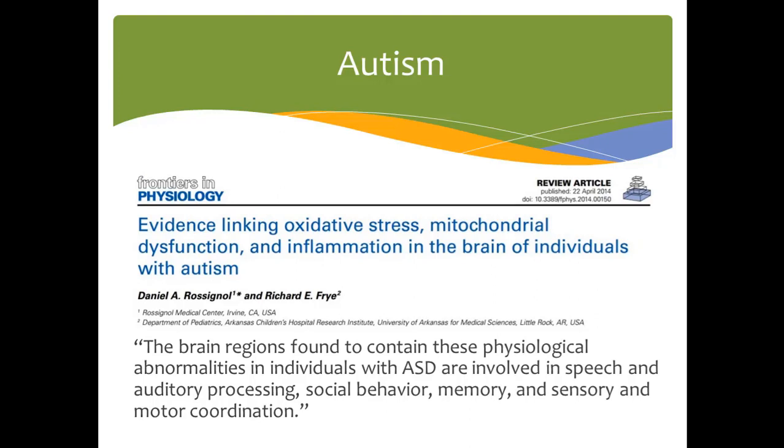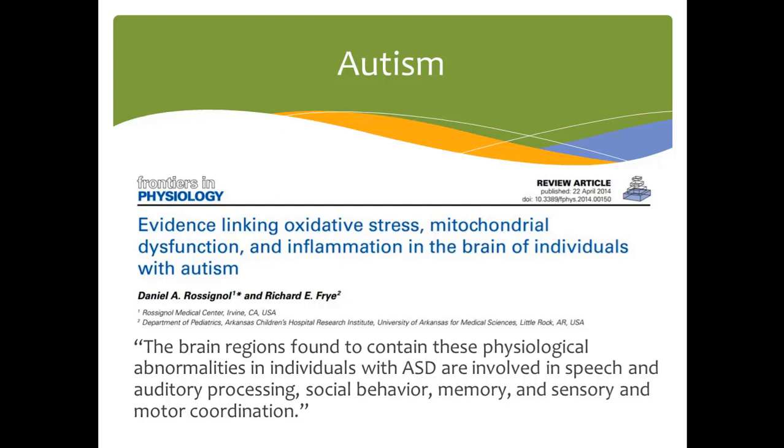Evidence linking oxidative stress, again, mitochondrial dysfunction and inflammation in the brain of individuals with autism, right? And you see how thiamine now can be a factor here. The brain regions found to contain these physiological abnormalities in individuals with autism spectrum disorder are involved in speech and auditory processing, social behavior, memory, and sensory and motor coordination.